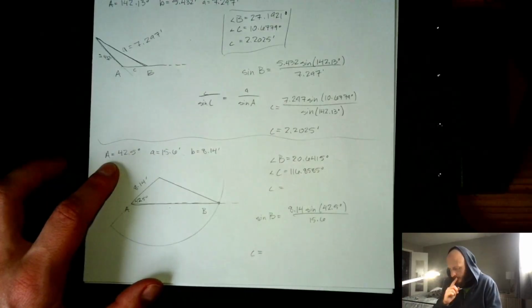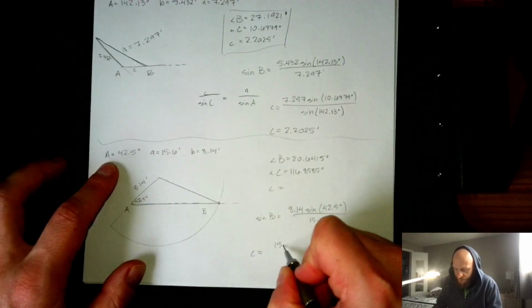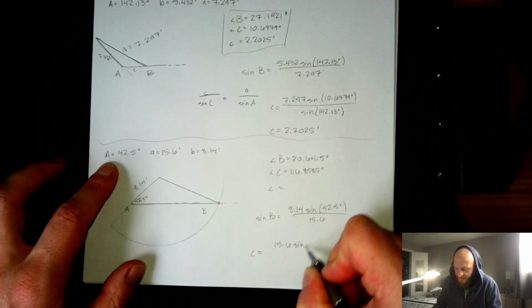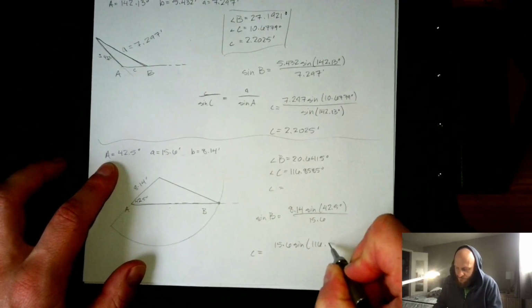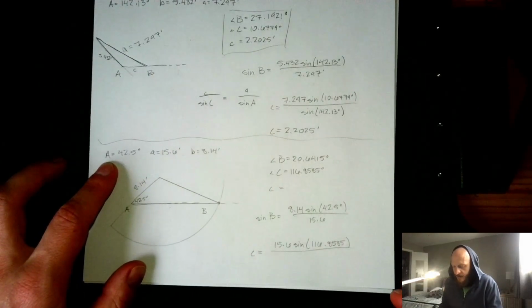I'm just going to use A again. So C over sine C is equal to A, so 15.6 times the sine of angle C, 116.8585, divided by sine of A.